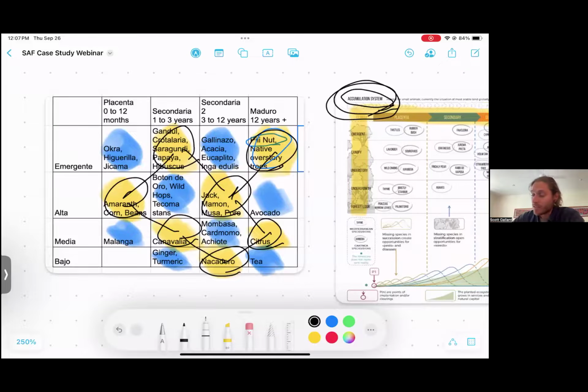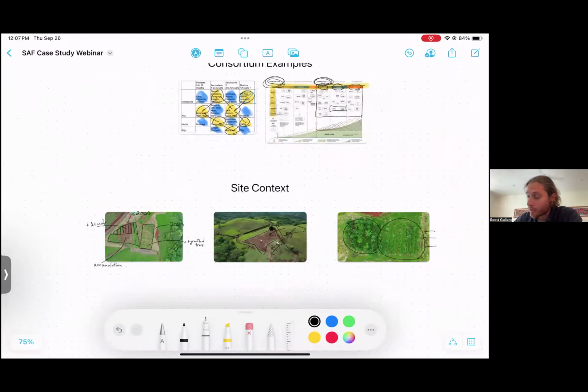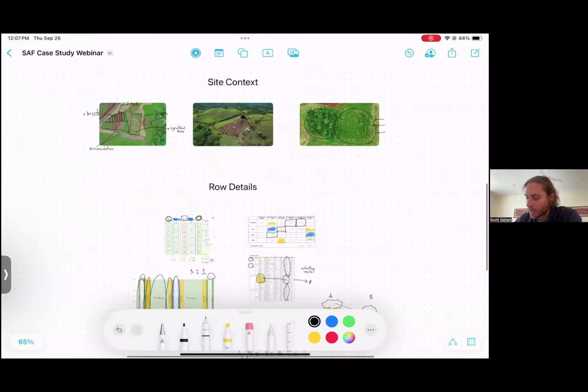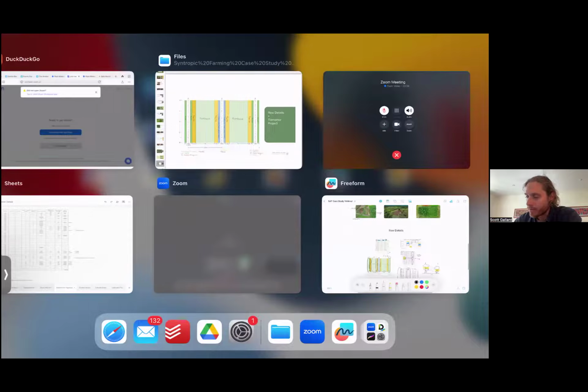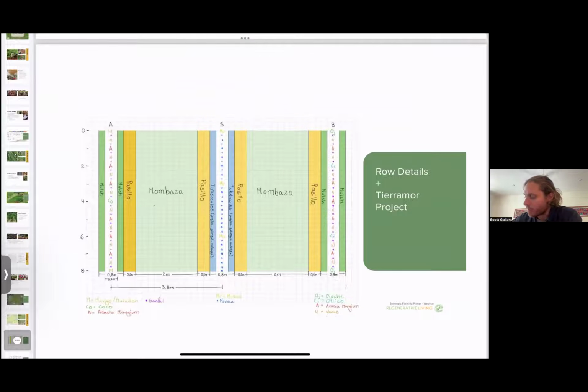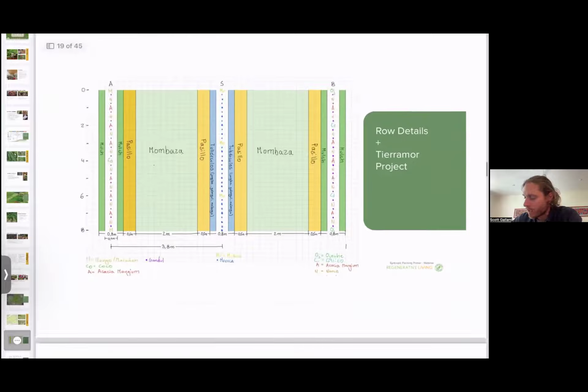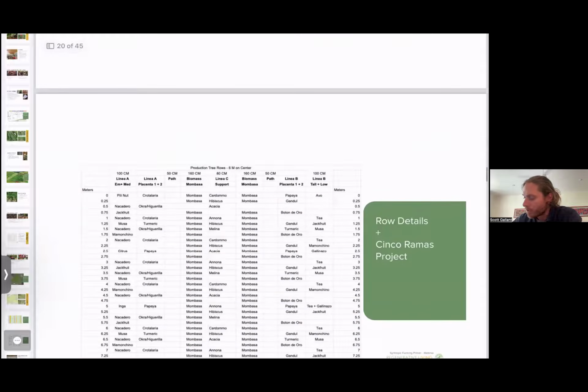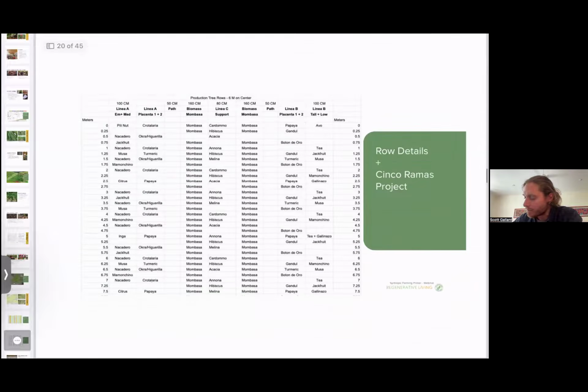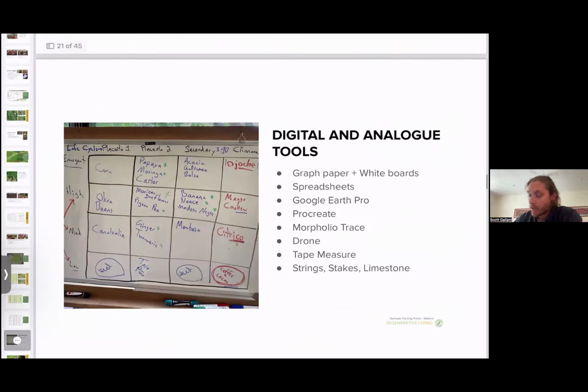So again, these are different ways from a design perspective that we start organizing these projects. So I'm going to keep moving us through to the very end. We're almost there. Some tools, our favorite tools. I love whiteboards.